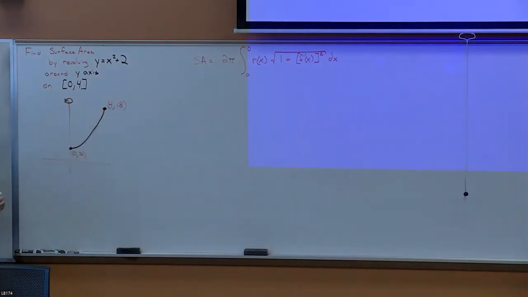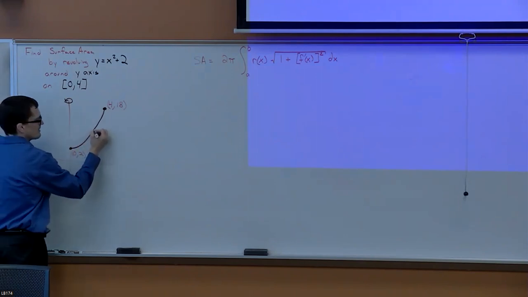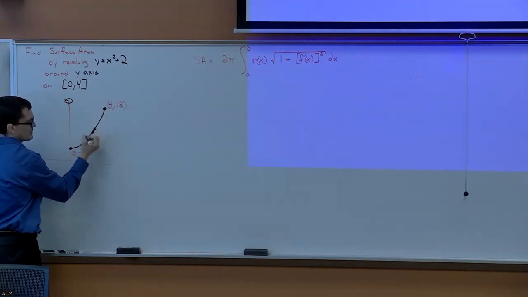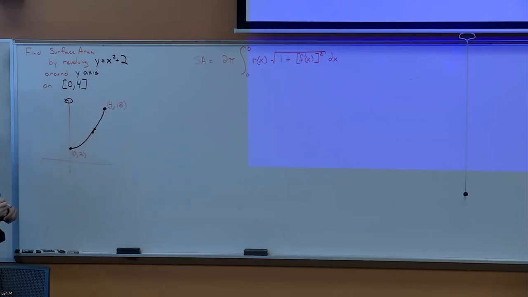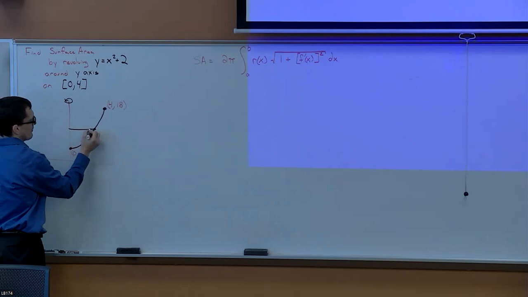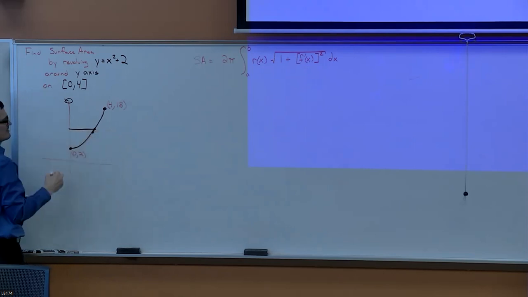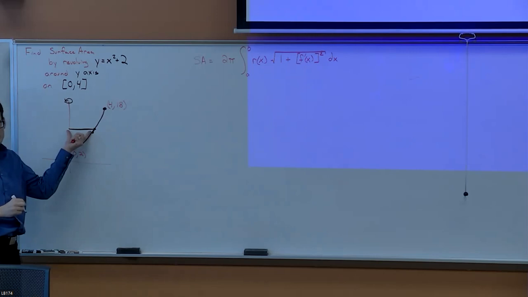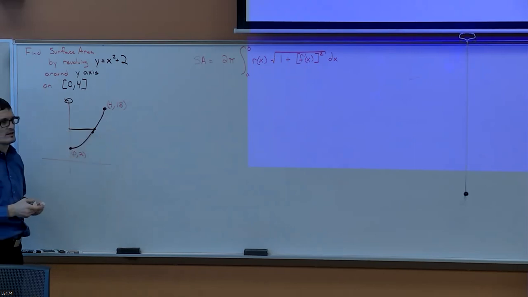And I'm revolving around the y-axis. Now, each one of the little sections is going to be a little section of arc length. And then I'm going to be revolving around the y-axis. So my radius is going to go from here to here. This one can actually be done in a couple of different ways.